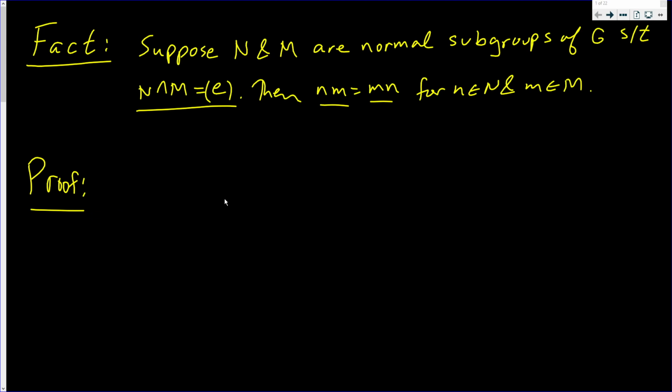Okay, so let's get right into this proof. We know that nm is E times nm, and we can think of E as m times n inverse times nm. But now, this here is the same as m times n inverse n times m.